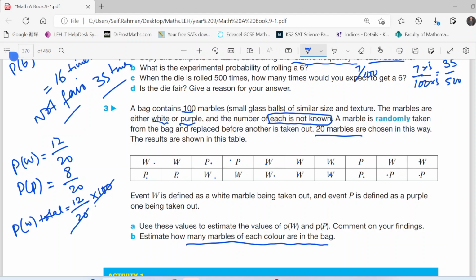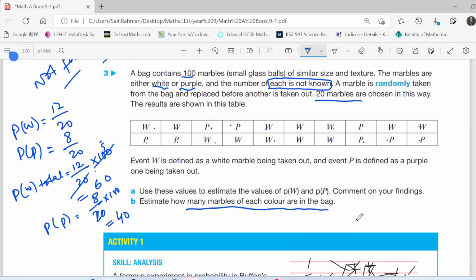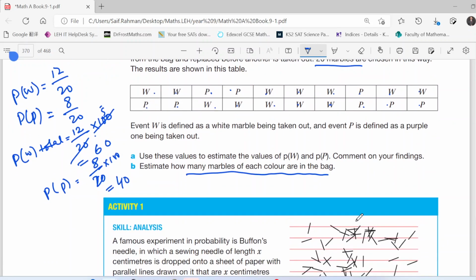So this cancels out with a 5. 5 twenties are 100 and 12 fives are 60. So there are likely to be 60 white marbles, and the probability of purple is 8 out of 20 times 100, and that gives us 40 marbles. So 40 marbles are likely to be purple and 60 marbles are likely to be white in this experiment.